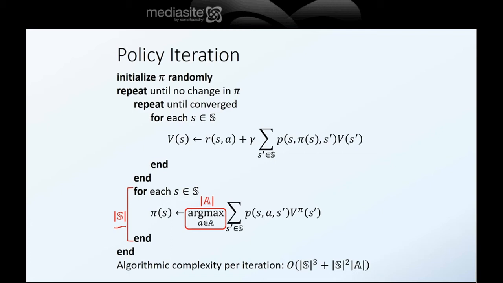So this is the cardinality of the number of actions, and then we have a summation which is carried out over all possible states. So this is again of order S. Therefore, the algorithmic complexity of the next step is S squared A, so order S cubed plus S squared A.